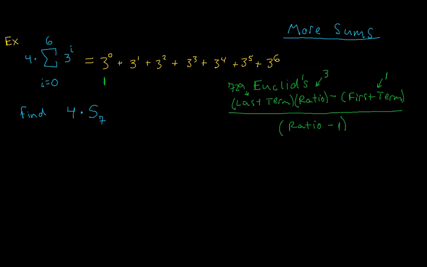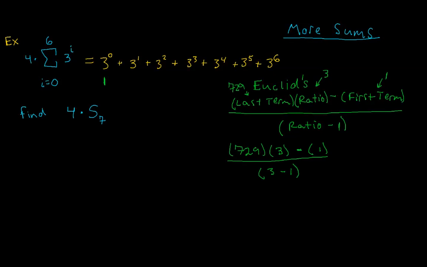All right, so let's plug these things in. We'll simplify, and we'll get the sum of these 7 terms. The last term, again, is 729, times our common ratio of 3, minus the first term of 1, divided by the ratio minus 1. So that's 3 minus 1.